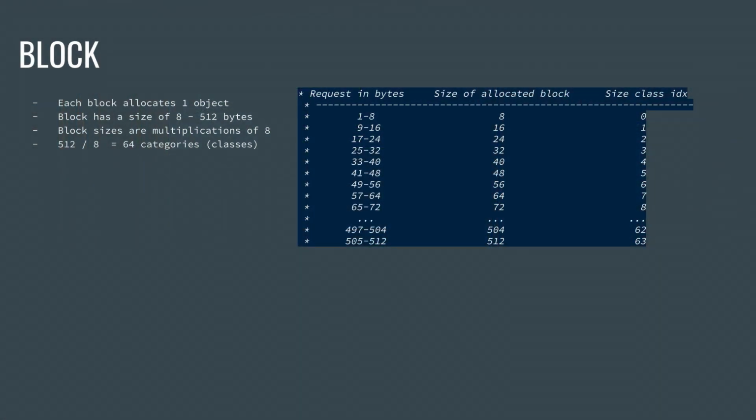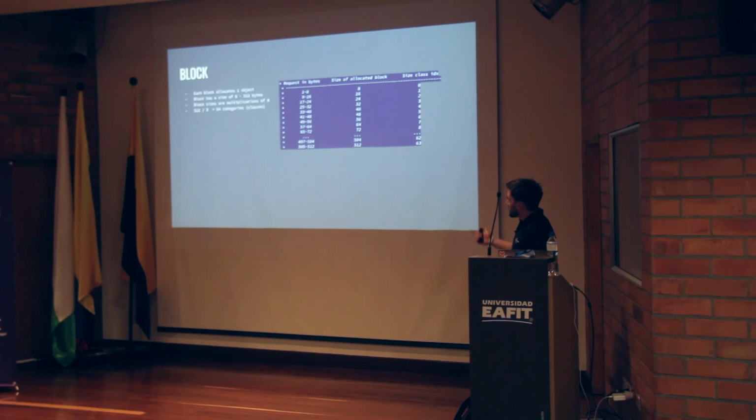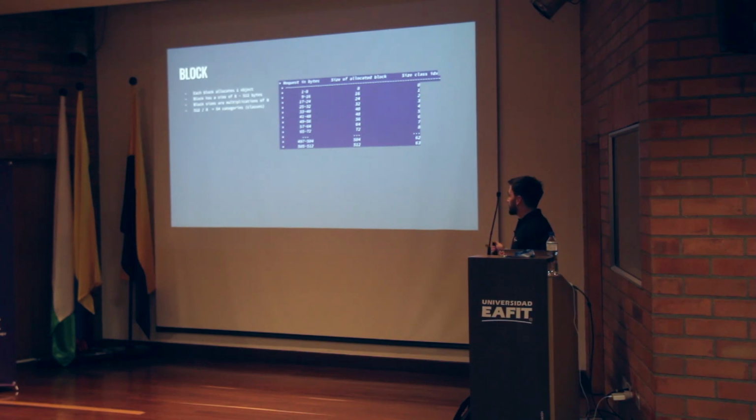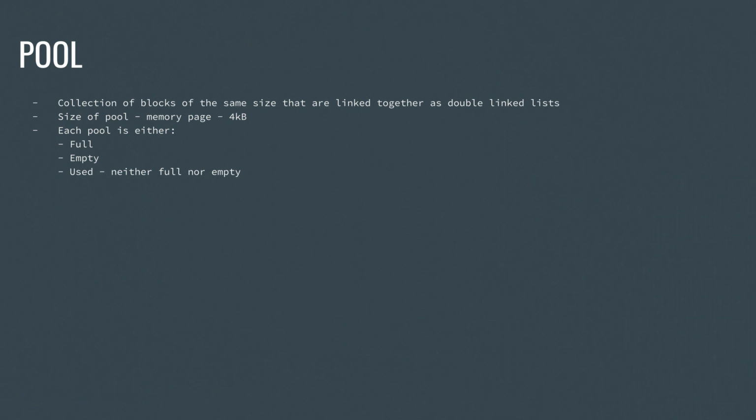Each block has a size that is a multiple of 8. You start with an 8 byte block size, continue with 16, and 24, and so on, until you reach 512, and that gives us 64 categories of different possible blocks. Those categories are called size classes in the CPython code base. This was the first, basic structure.